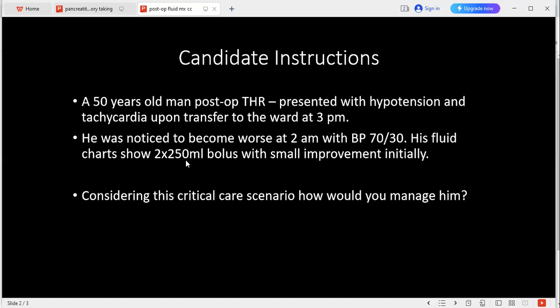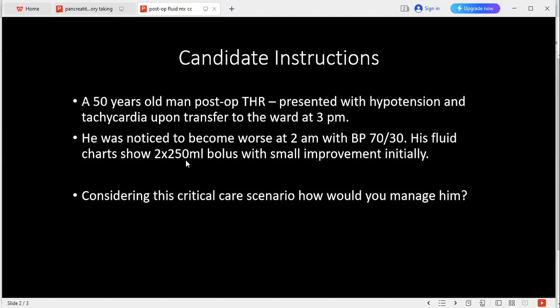Right. Can you tell me which fluid is a better choice to give as a maintenance fluid? I will emphasize giving Ringer's lactate post-operatively because it contains electrolytes as well as lactate. Can you compare the composition of Ringer's lactate with normal saline?